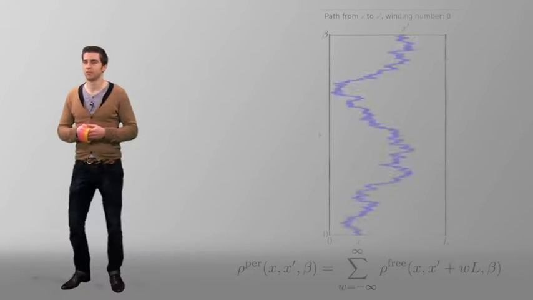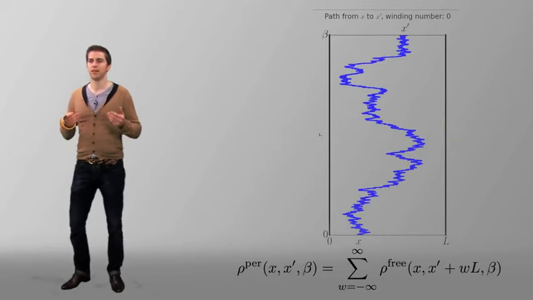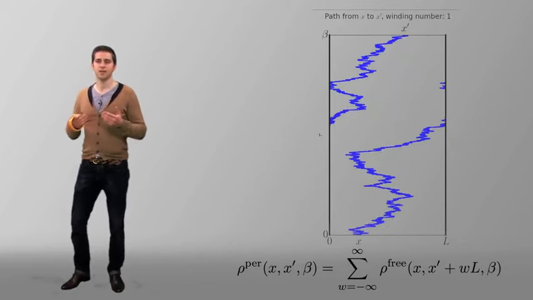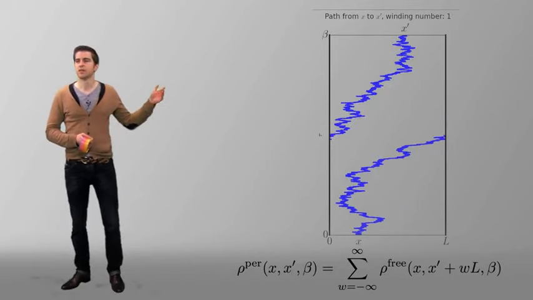The density matrix ρ of x, x prime and beta is made up of all the paths in Feynman's path integral picture that go from x to x prime directly, plus all the paths that wind around the box once.